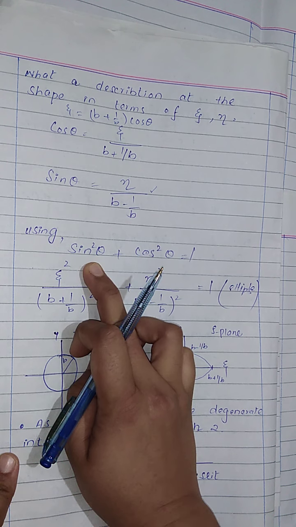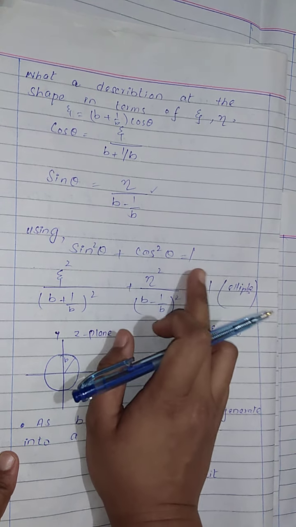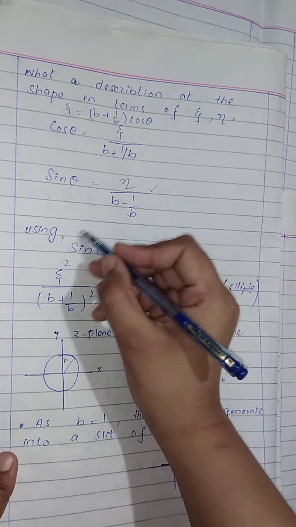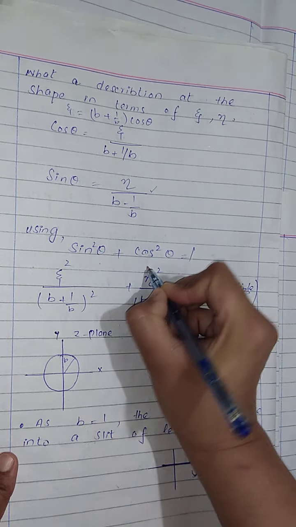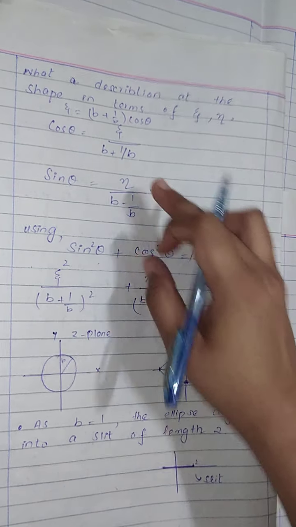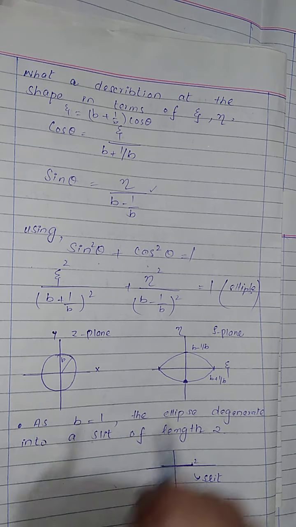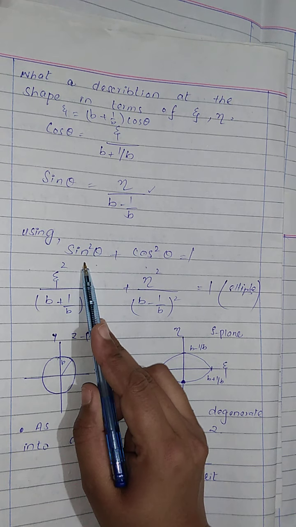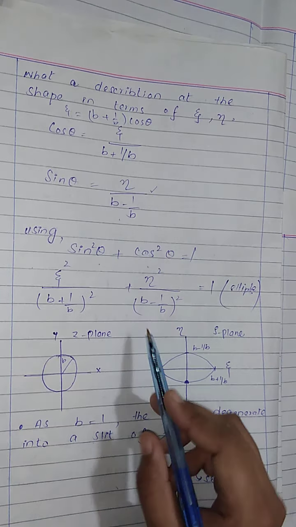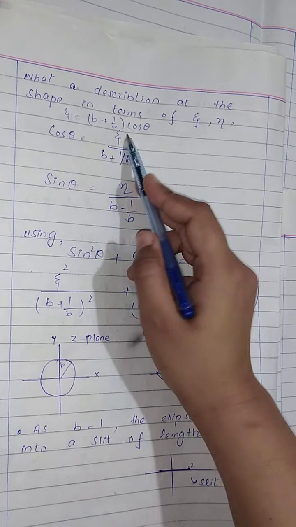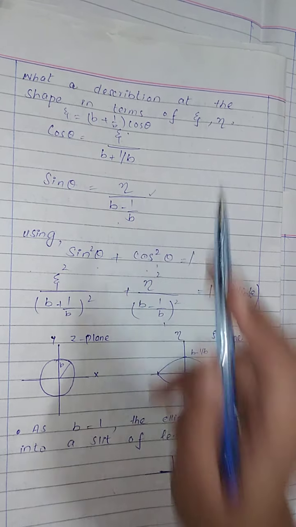Using the formula sin square theta plus cos square theta is equal to 1, we just put in the values. The sin theta value is eta over b minus 1 over b square, and the cos theta value is xi over b plus 1 over b.